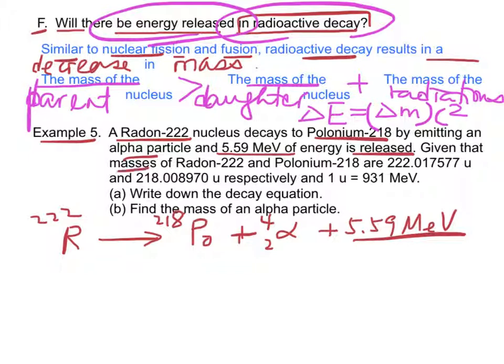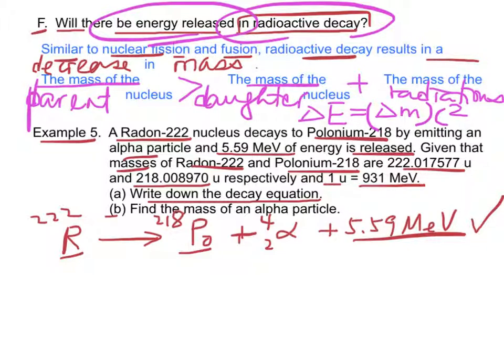Given the masses of the radon-222 nucleus and the polonium-218 nucleus are 222.017577 U and 218.008970 U respectively, and 1 U is equivalent to 931 MeV. Part A, write down the decay equation, and the decay equation is this one.